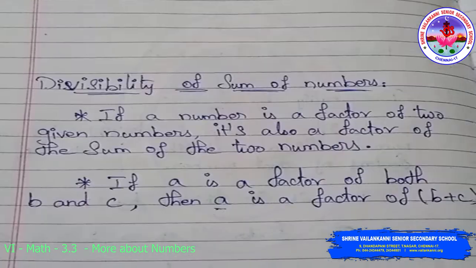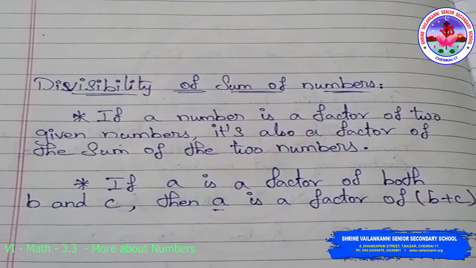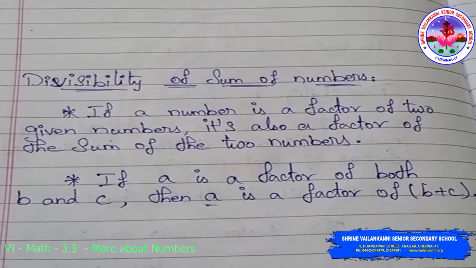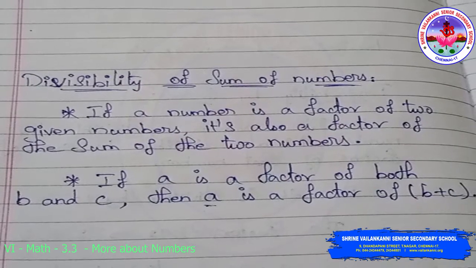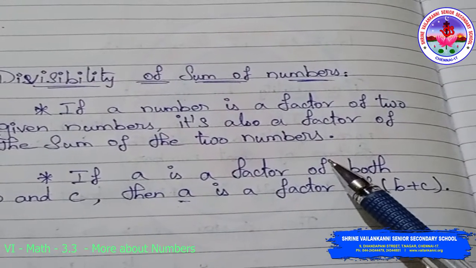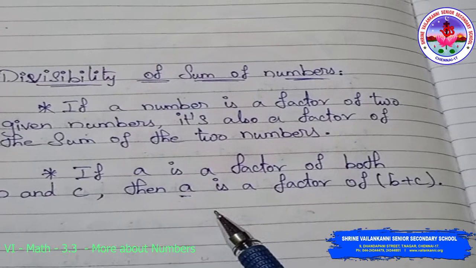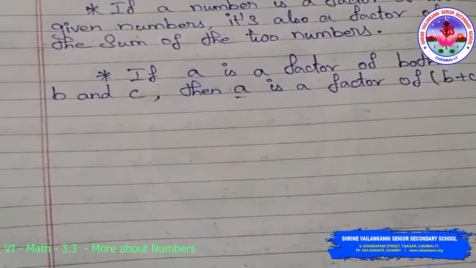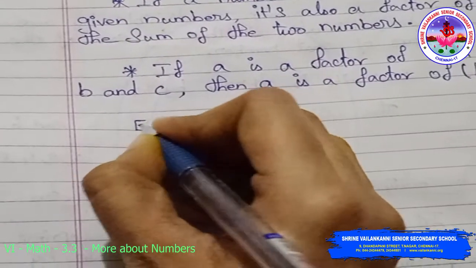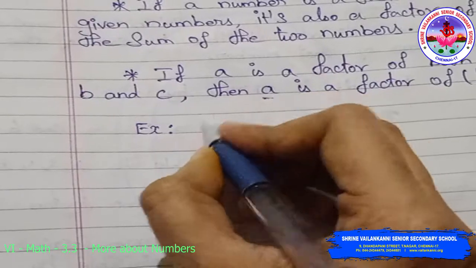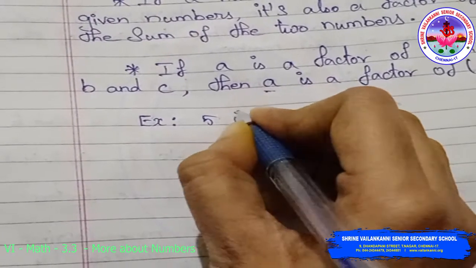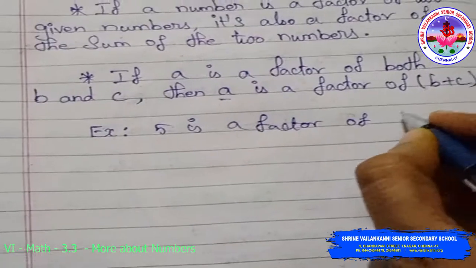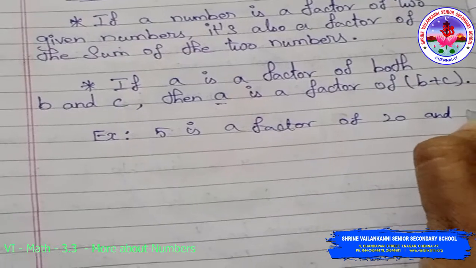Next is divisibility of sum of numbers. If a number is a factor of two given numbers, it is also a factor of the sum of the two numbers. If A is a factor of both B and C, then A is a factor of B plus C. Example, 5 is a factor of 20 and 35.